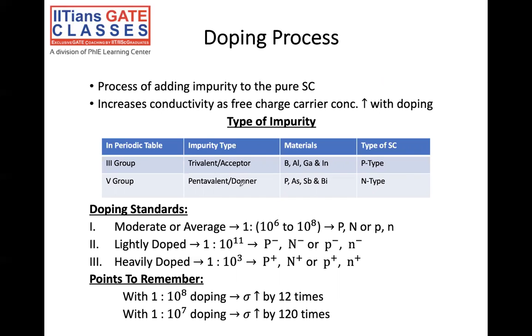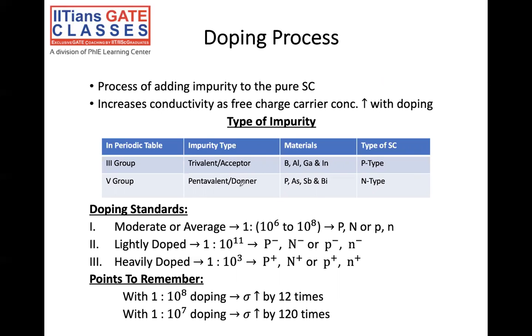So material for acceptor, that is boron, aluminium, gallium and indium, and they make p-type semiconductors. And material for donor, that is phosphorus, arsenic, antimony and bismuth, and they make n-type semiconductor.